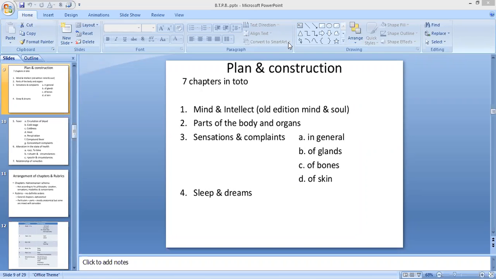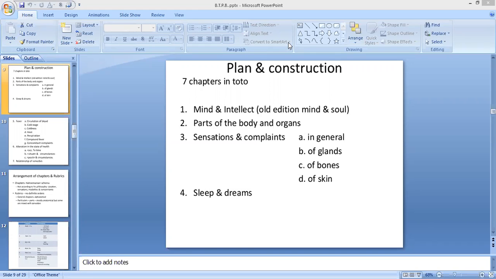The number of rubrics in this section is about 847, and the number of pages covered by this chapter is about 118. The rubrics are arranged alphabetically.